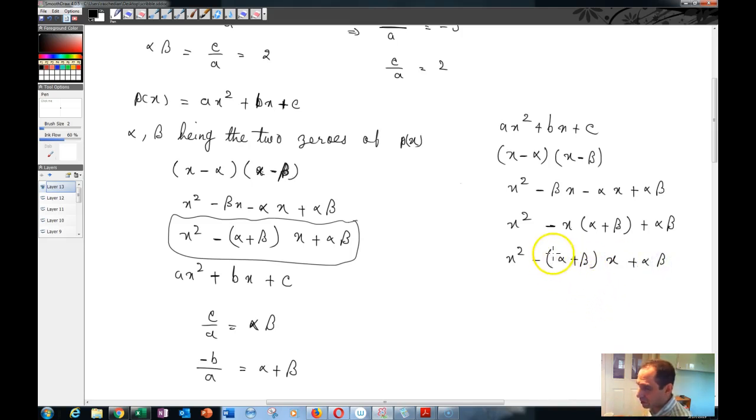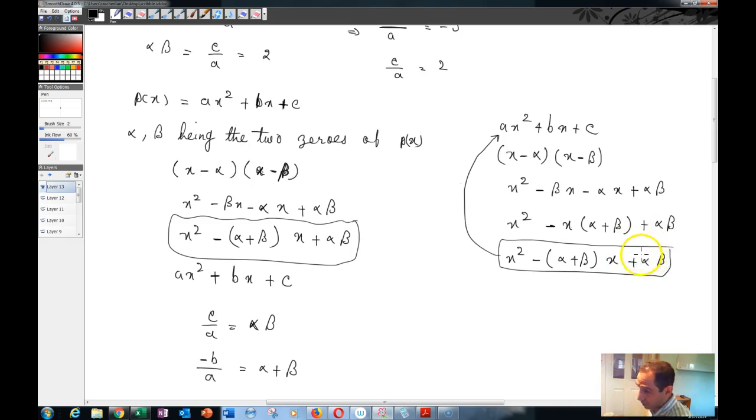So now as you can see, if you compare this equation that you got here to the original polynomial that you have here, for a you have a 1, for b you have negative alpha plus beta, and for c you have alpha beta.